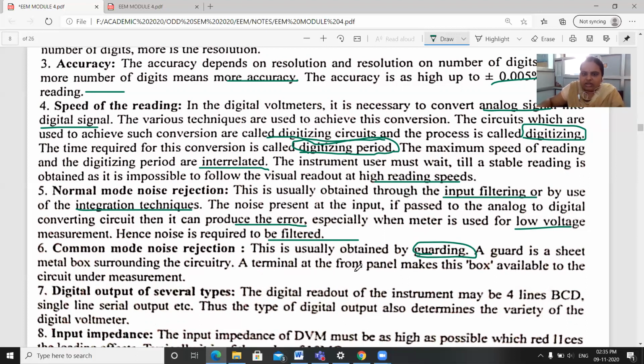A terminal at the front panel makes it available to the circuitry under measurement. It means it is protecting against any noises or disturbances that would disturb the circuitry; those are going to be rejected. That's your sixth one.